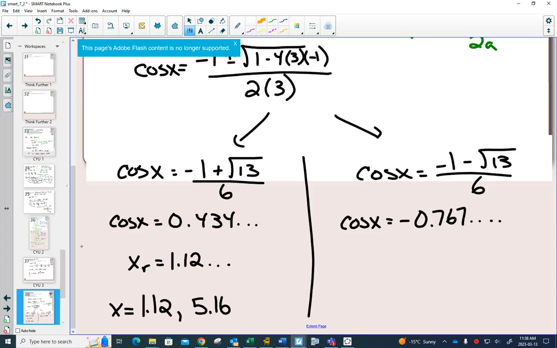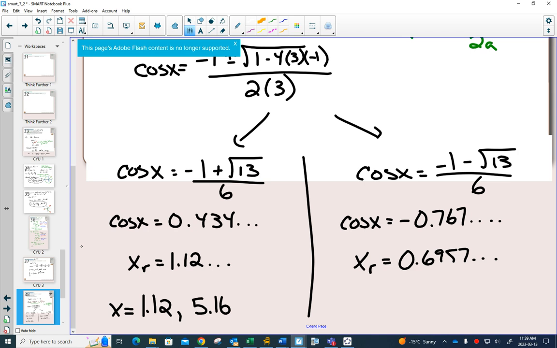I'm going to do cos inverse of the positive value and get a reference angle of 0.6957, dot, dot, dot.